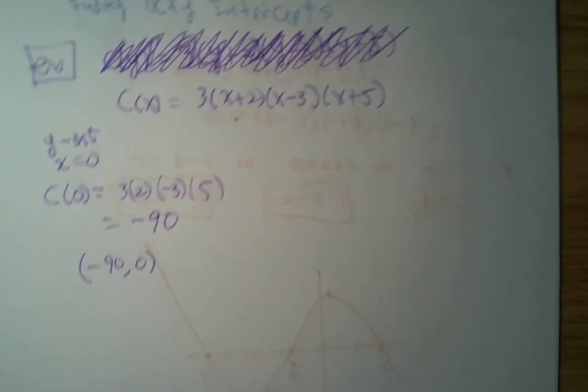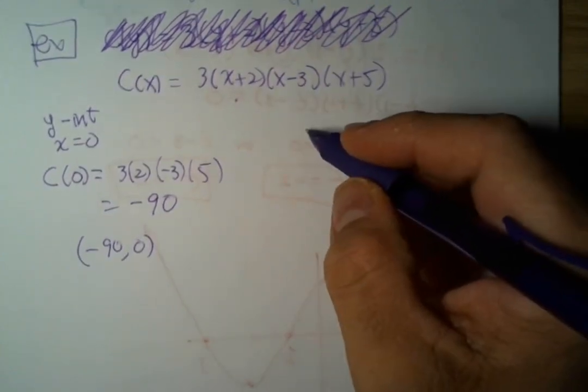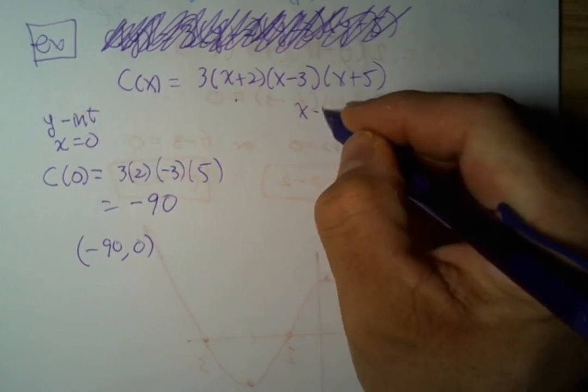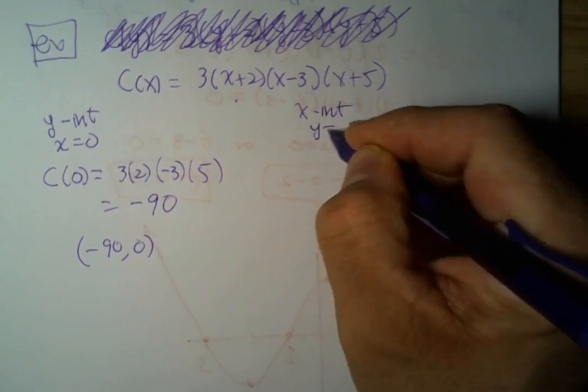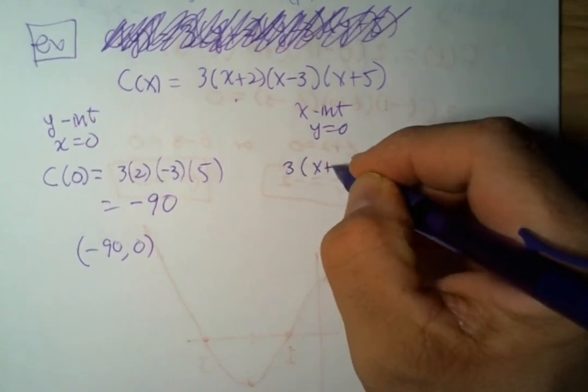And then here, the x-intercept, that means y is 0, or in other words, I set this function equal to 0.